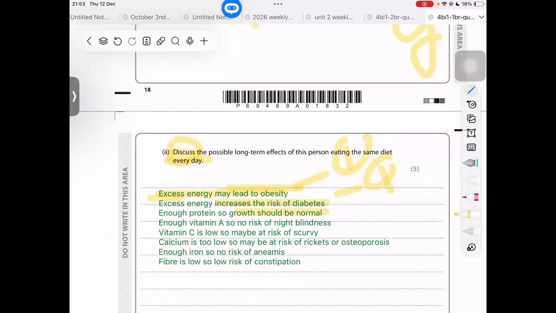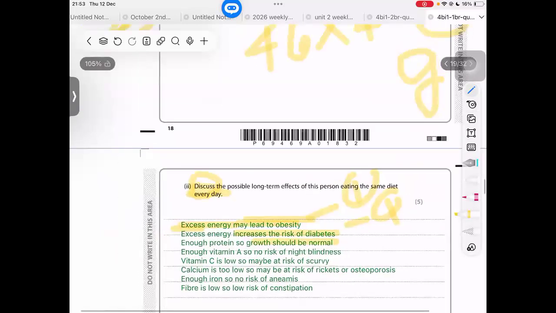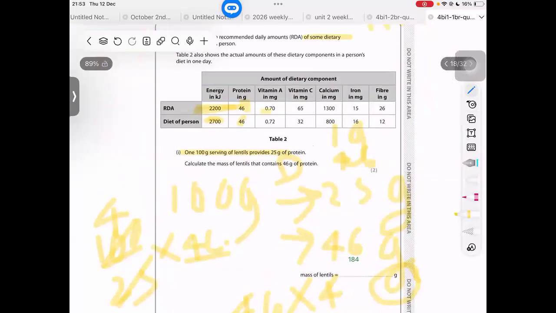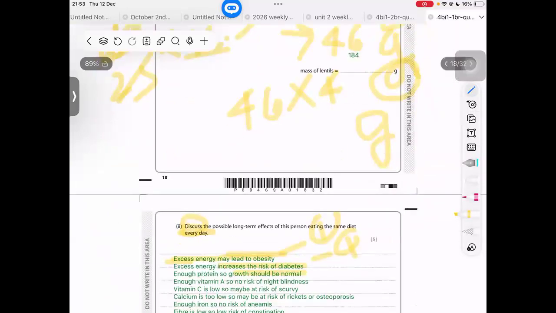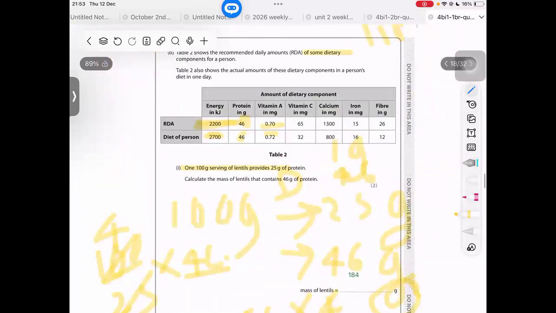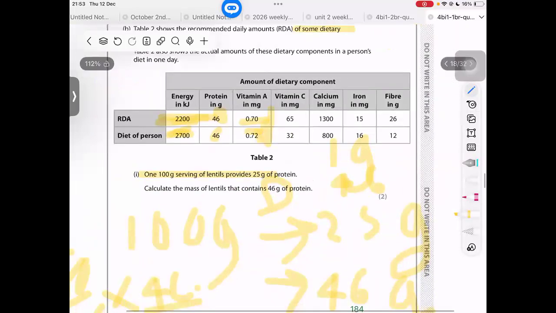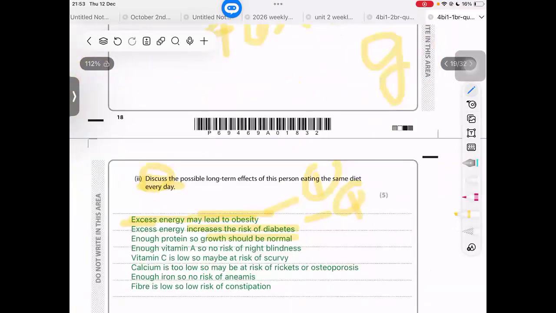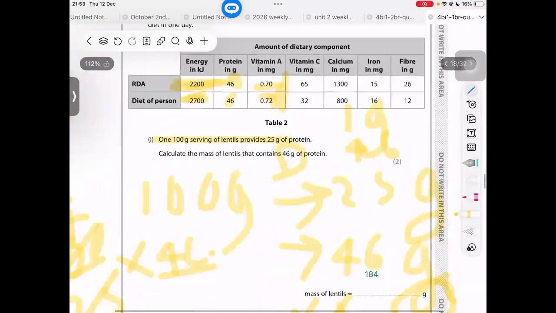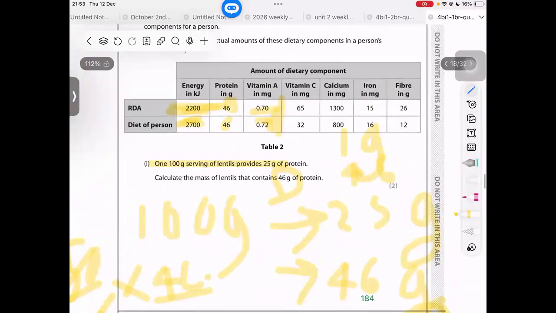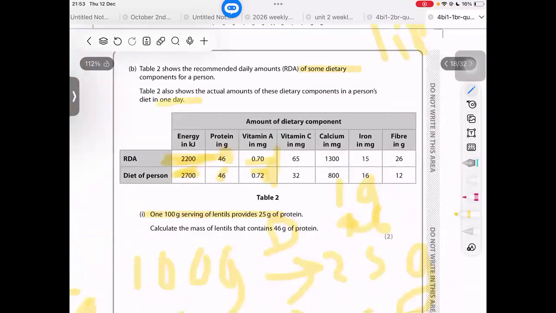And the vitamin A levels are sort of high, but actually it's not high by a great amount. If you compare 2200 and 2700, there is a big difference, but here there's not much of a difference, so you can just consider it as the same. So enough vitamin A, so no risk of night blindness. And also the diet of this person is just for 1 day, right?